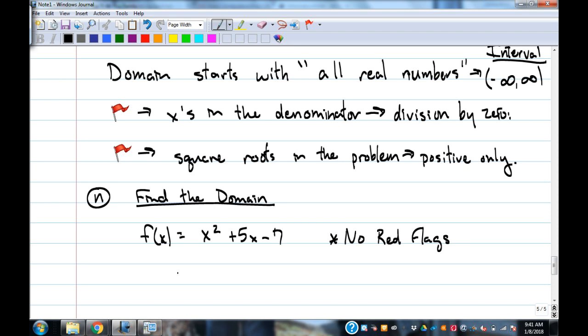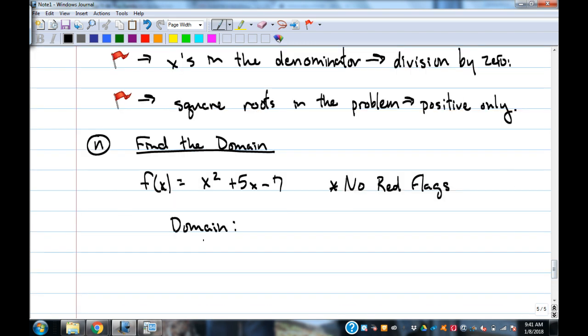So that means our domain is, here's our notations. In set notation, curly brace with an x, and then a bar, straight up and down bar is what that is. Not the number one, it's just a bar. And then you put all real numbers.